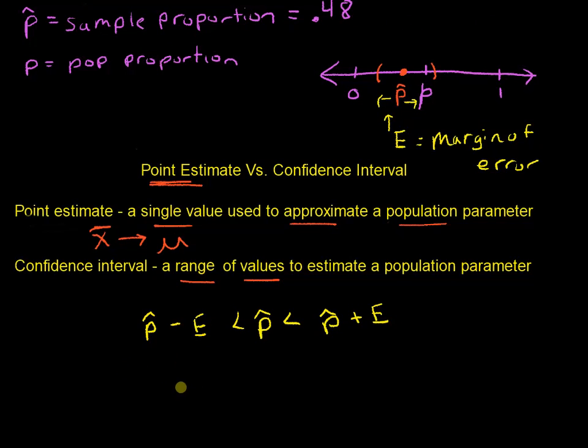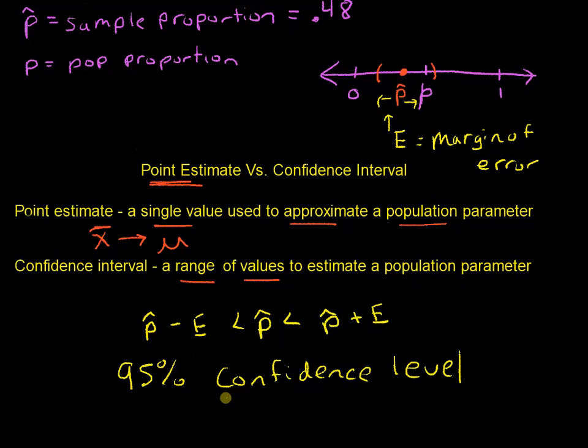That's a really common one. So say we set it up as the 95% confidence level. This means that we're 95% sure the population proportion, in this case, lies within this confidence interval.